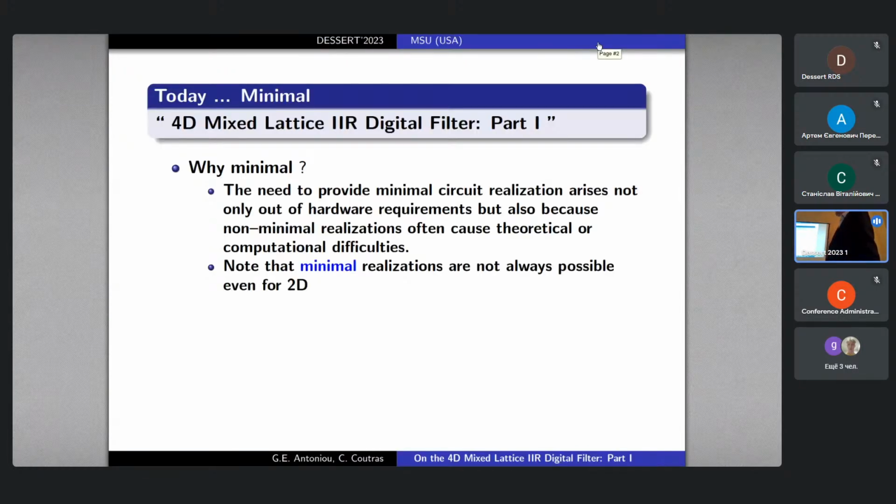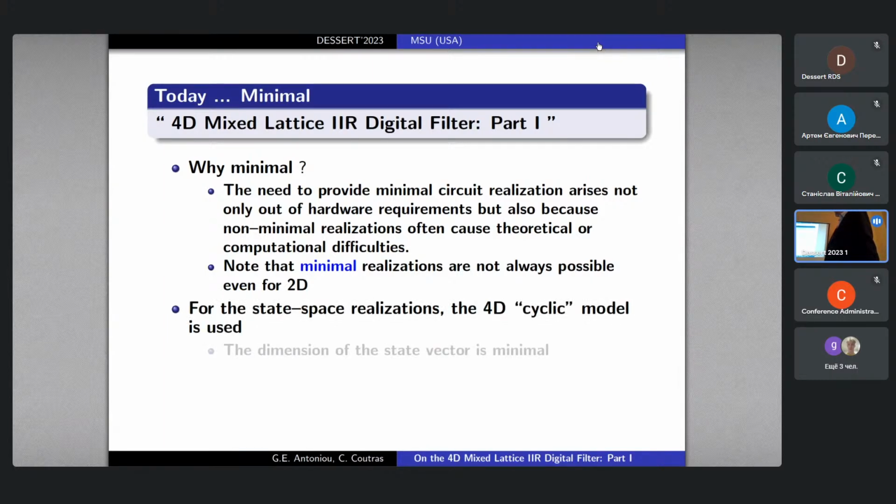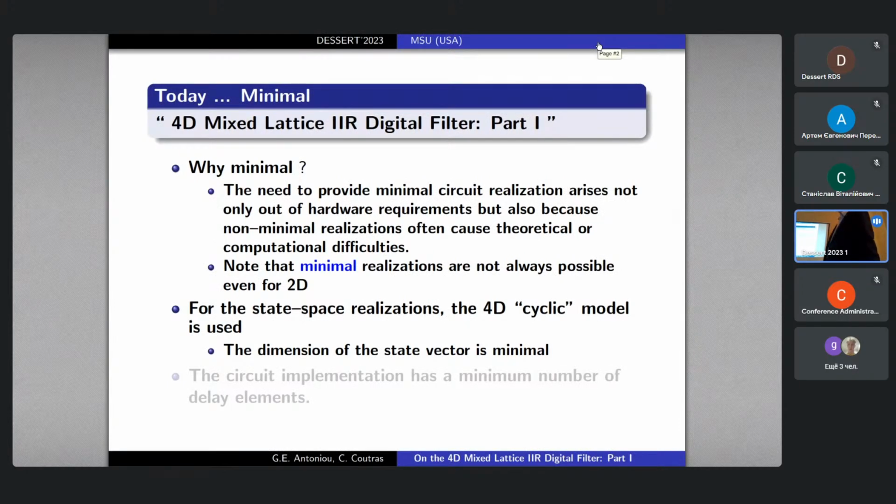Therefore, minimal are not always possible even for 2D. So I talk about 4Ds, and always the dimension of the state vector is minimal. Also, the circuit has minimal delay elements.